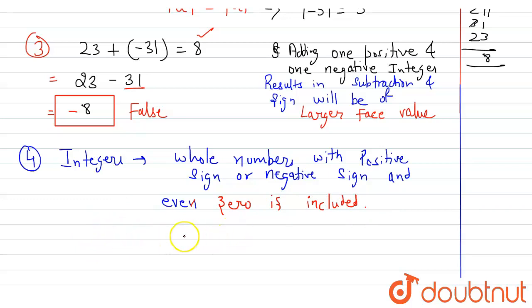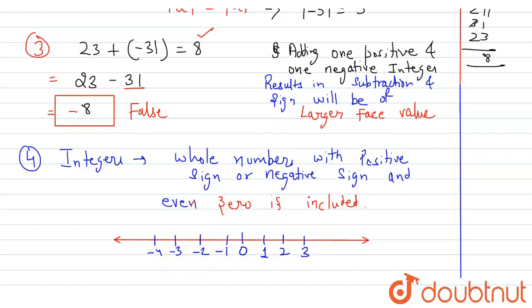If we draw a number line with 0 here, on the right hand side we have 1, 2, 3. These are positive integers, and negative integers start from negative 1, negative 2, negative 3, negative 4, and carry on.